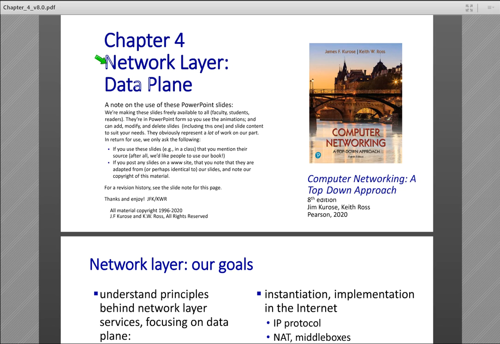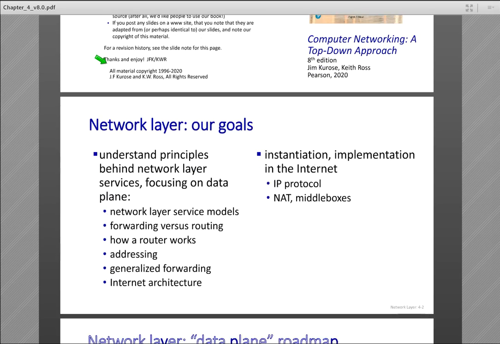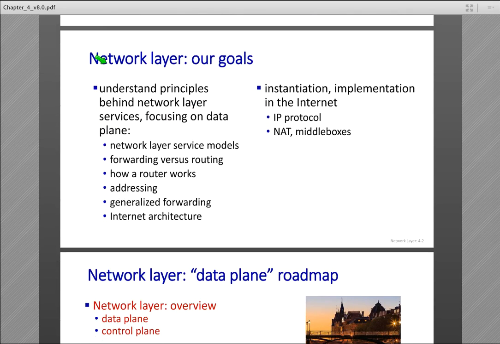We will talk about these chapters because there is something new in the content of the network layer, which is important in the future of computer networks. So we will talk about chapter 4 and chapter 5 in this course.